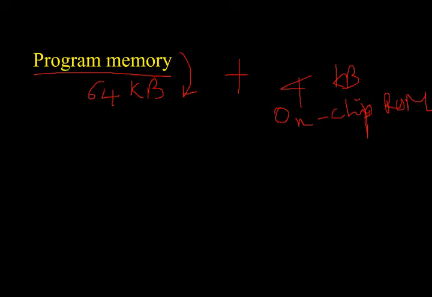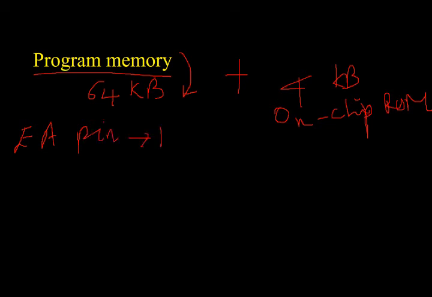Now the question is, when you are dealing with the 8051 microcontroller, how will I conclude which part of the memory I am accessing? For example, if I'm writing a code, which part of the memory has to be accessed? That is the biggest question. For that, we turn to a pin called the EA pin.